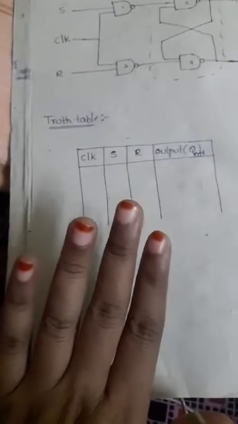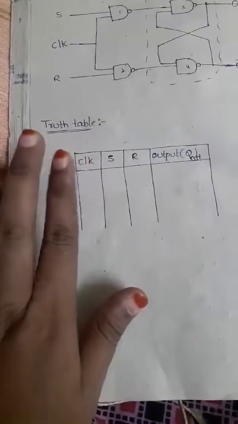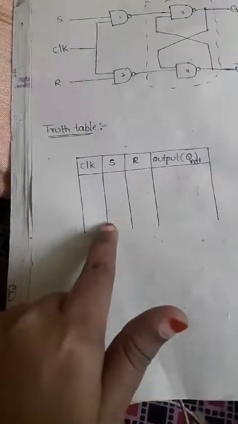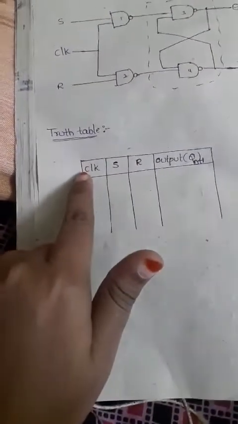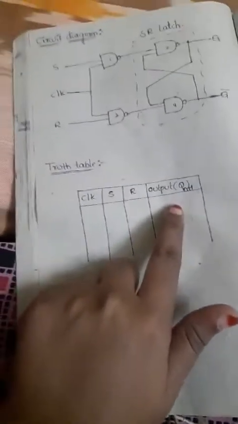That information is what we call a truth table. That's why I mention only the inputs and output part here.